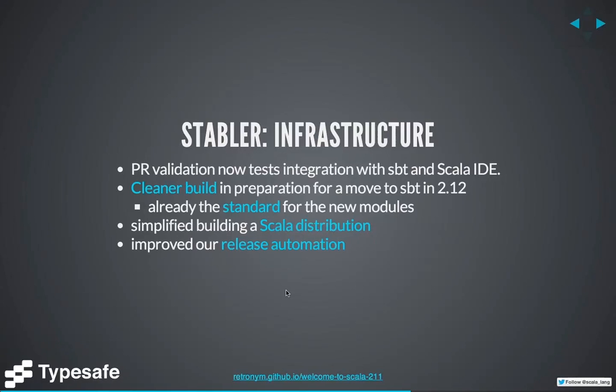We've simplified building the Scala distribution itself. There's a bit of work to do here, but we've taken what was a multi-day process down to a multi-hour process. We've still got hopes to do this automatically on a nightly basis in the next 6 months.